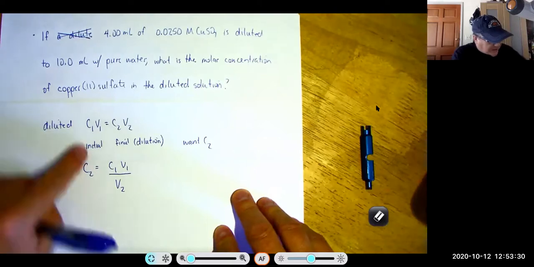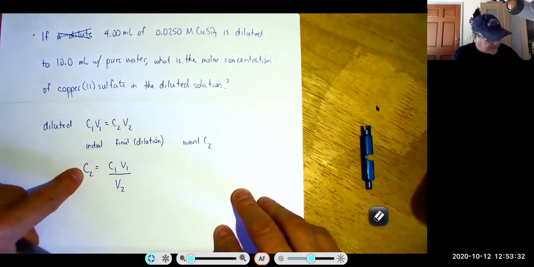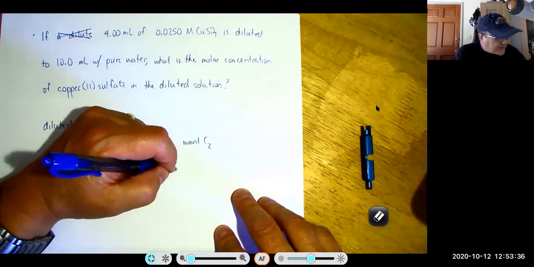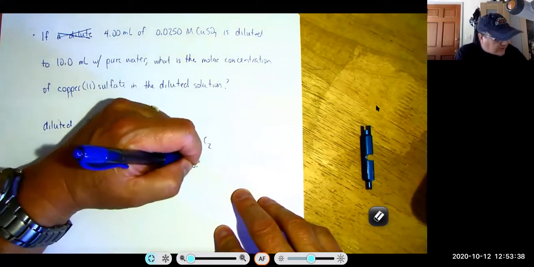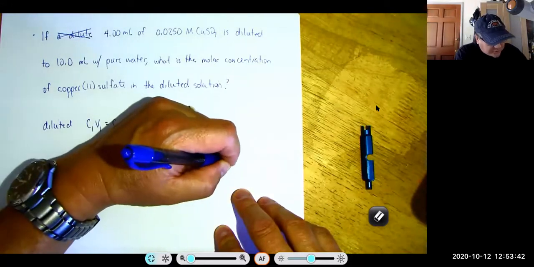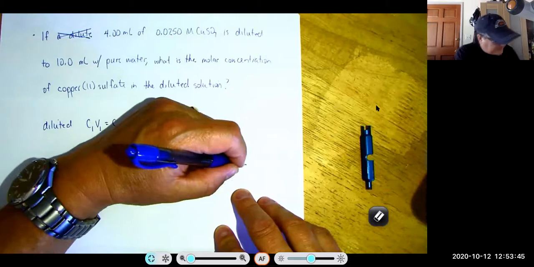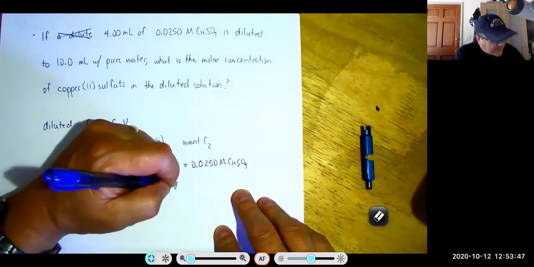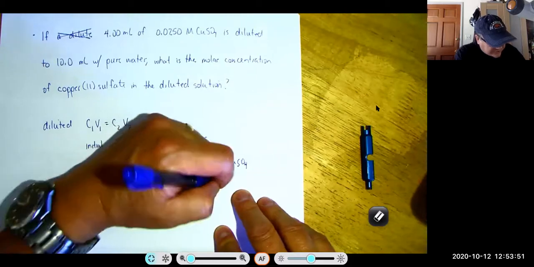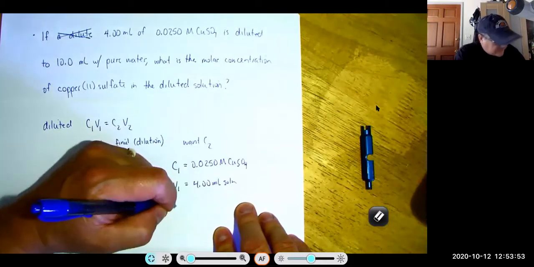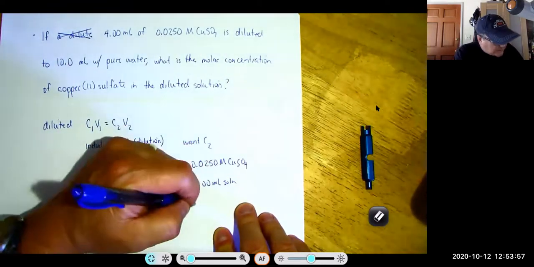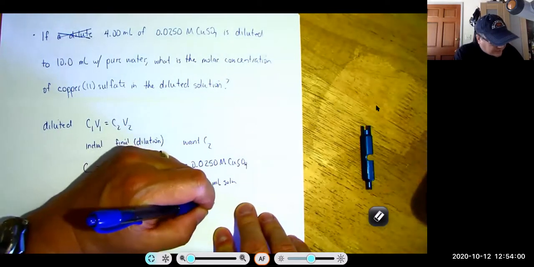So I can rearrange this formula and get C2 is equal to C1V1 over V2. In this case, C1 is 0.0250 molar copper 2 sulfate. V1 is 4.00 milliliters of solution. V2 is 10.0 milliliters of solution.